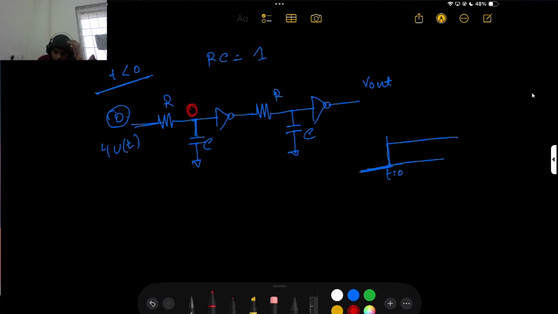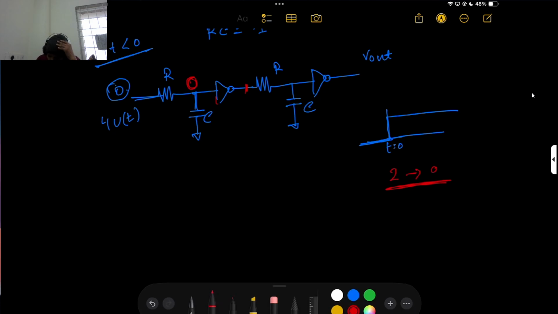So if my input V in is 0, what's my output here? The inverter swing is 2 to 0, I think. If you go through the inverter circuit, it is just like a CMOS inverter.